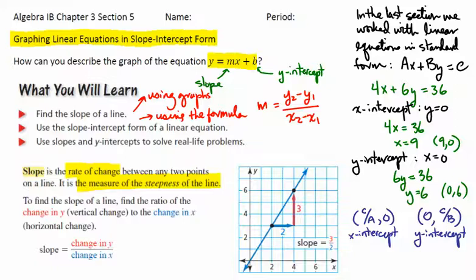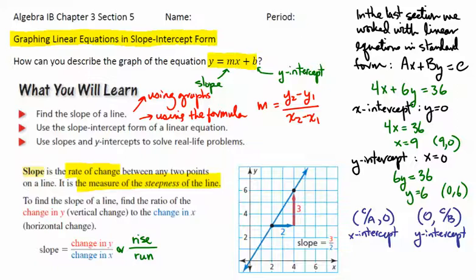Now, many students do know or have heard that the slope is rise over run. And that's great, except that the words rise and run don't really have any information. Students can still misunderstand slope just by using those two words.